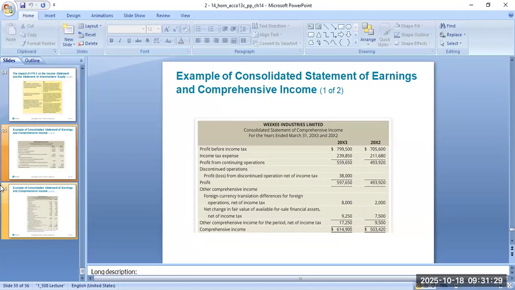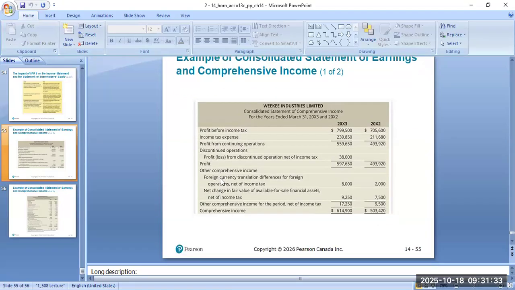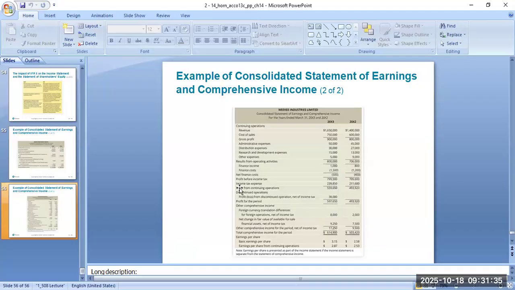There will be new terminology, but once we go to International Financial Reporting Standards, you're going to see it. At this point, you just have to know that there's a change in the names of the income statement versus the consolidated statement of earnings and comprehensive income. And that's about it for the missing part of chapter 14.